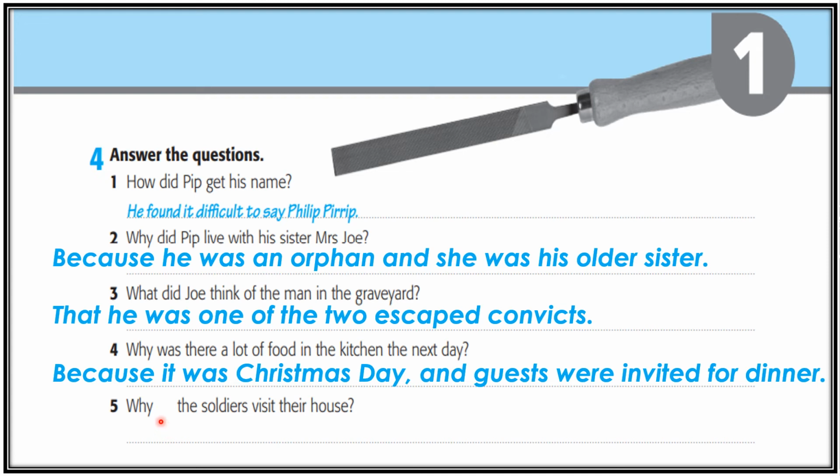By the way, here if you look, it says why do. It should be why did. Why? Because all the questions are in the past. Look, for example: why did, what did, why was.